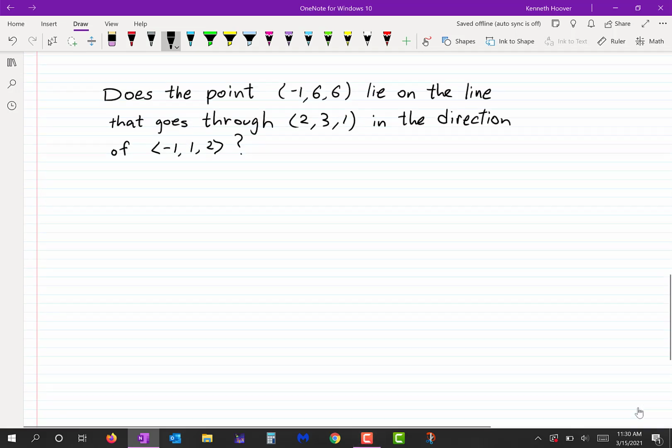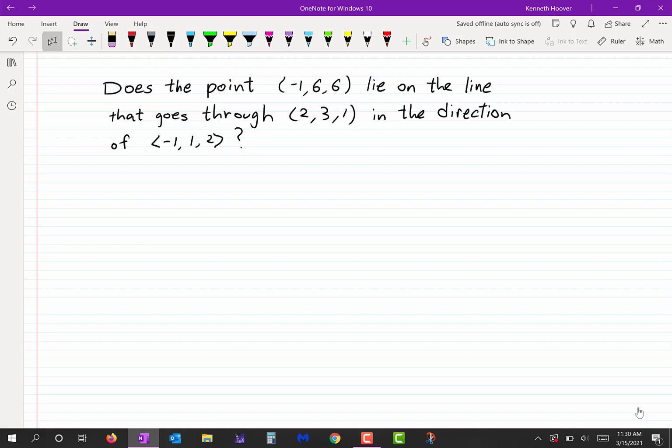Okay, now let's answer this question. Does the point -1, 6, 6 lie on the line that goes through the point 2, 3, 1 in the direction of vector -1, 1, 2? Okay, so here's what we're going to do. We are first going to write down an equation for that line.